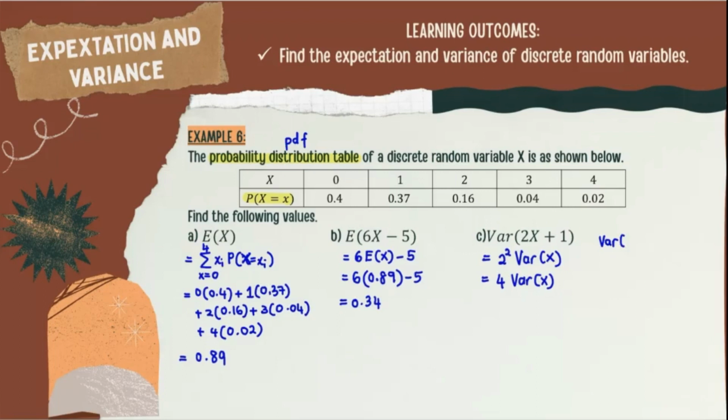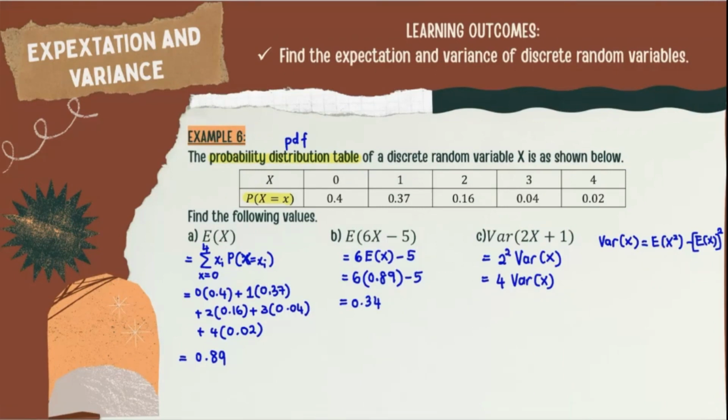Variance of X dia sama dengan E of X squared minus E of X overall squared. Okay, so this is the formula. So kita dah ada the value for E of X, which is 0.89 here. Yang kita tak ada adalah E of X squared.